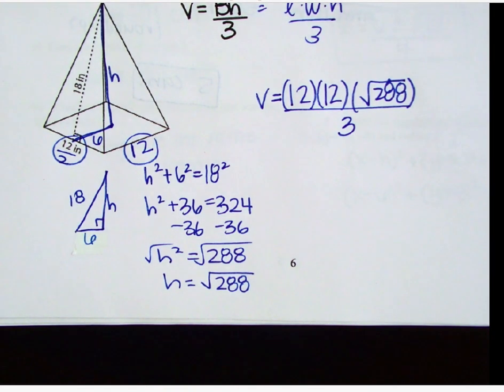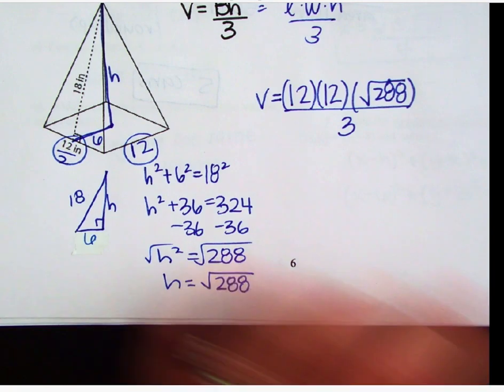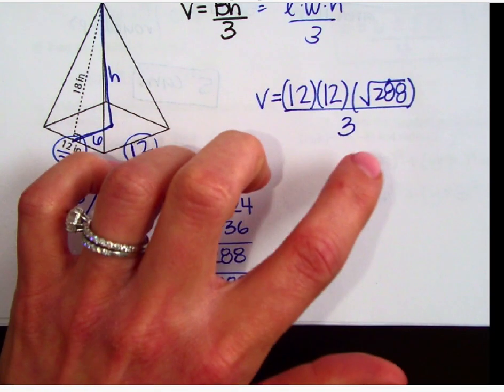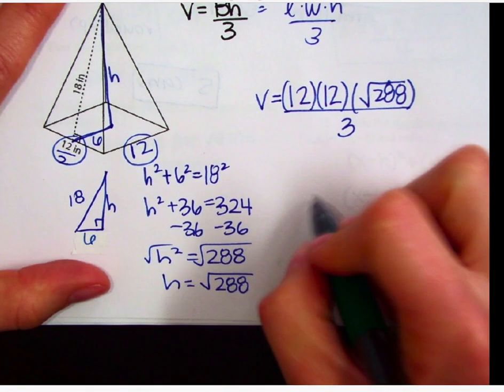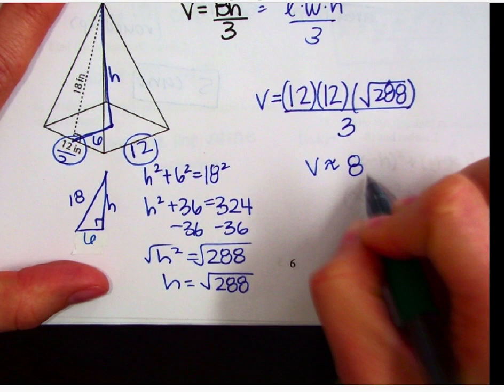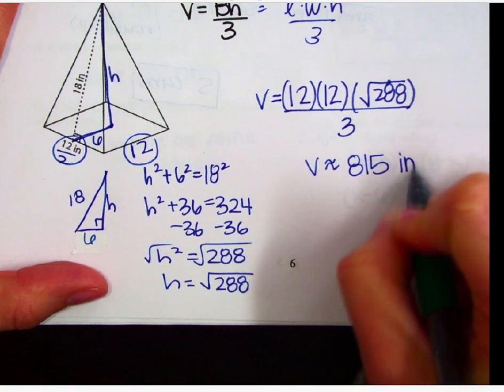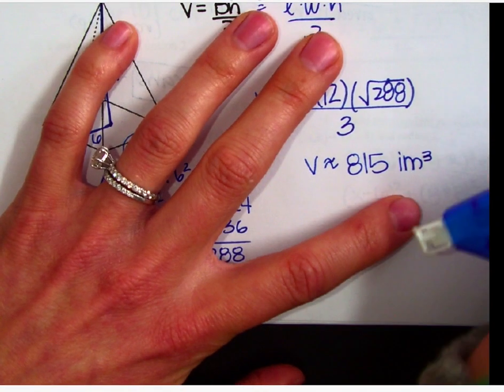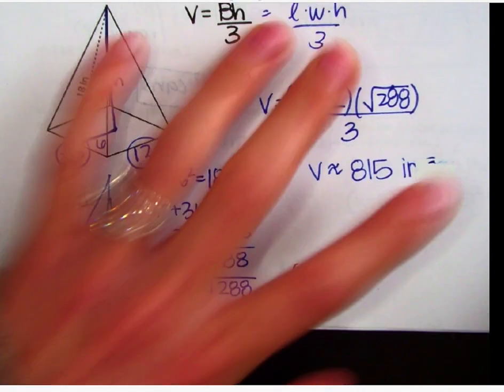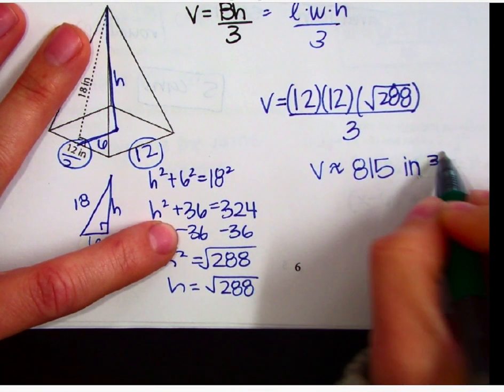So putting all of this in my calculator using the 12 times 12 and then the square root of 288, I'm going to hit equals after multiplying the numerator and then divide by 3, and this gives us about 814.5, but I'll just round up to say 815 cubic inches, not inches, not sure what that is, but inches cubed.